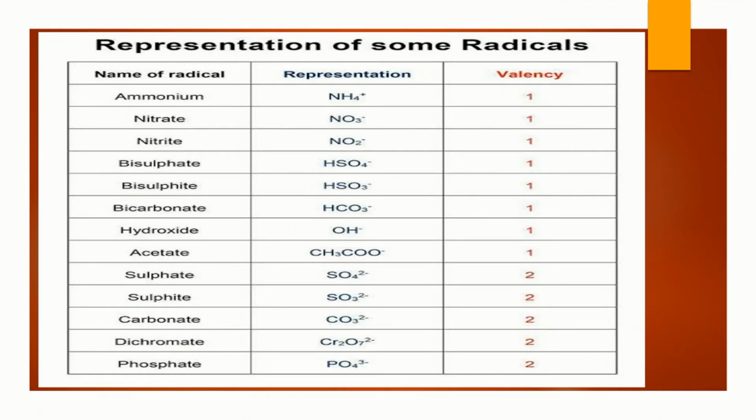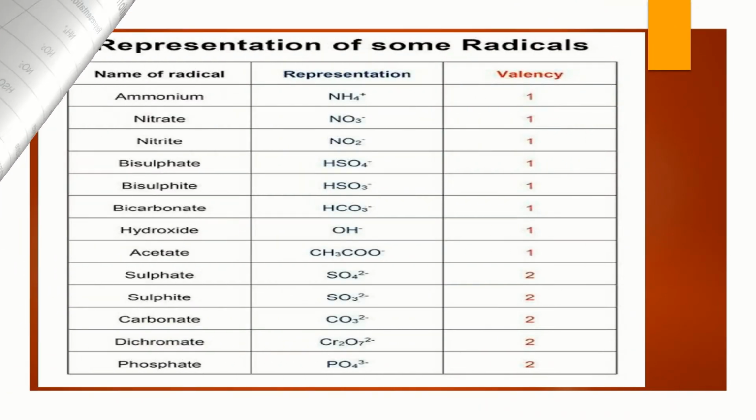Now, we also have other radicals like the ammonium ion, NH4 plus, and the hydroxide ion, which is OH negative 1. We also have nitrate ions, NO3 negative 1. We have the bicarbonate ions or hydrogen carbonate ions, HCO3 negative 1.